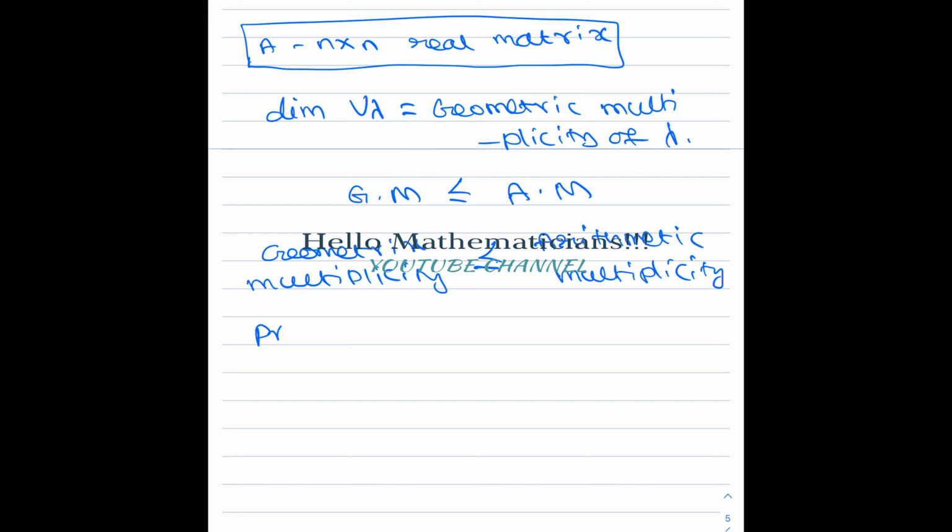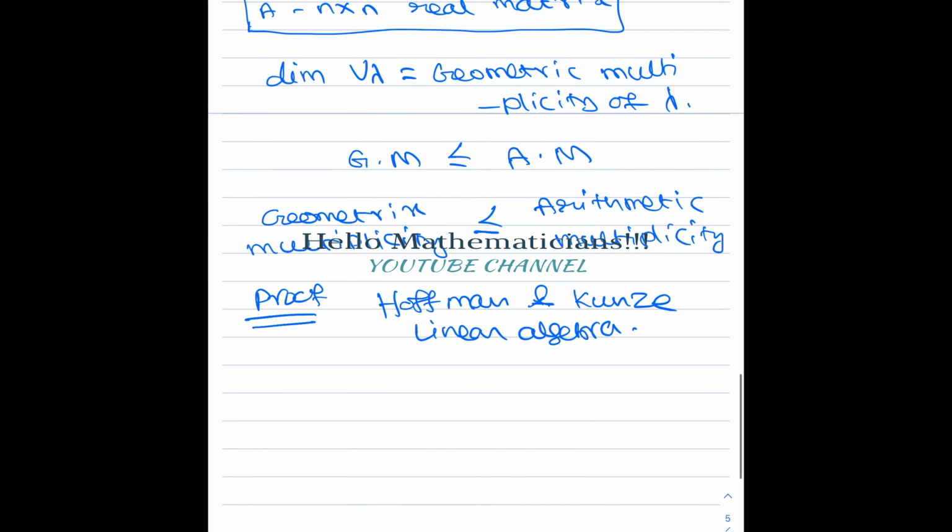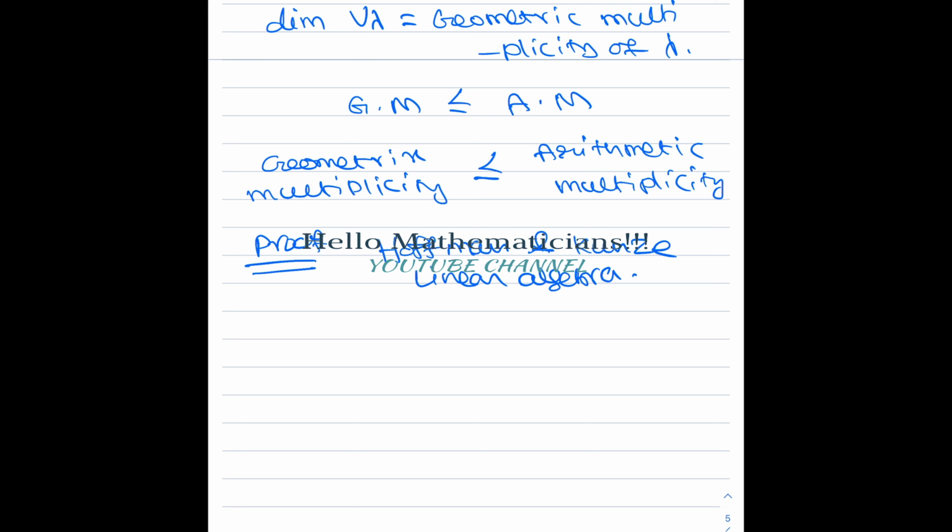The proof of this fact is in linear algebra. You can check Hoffman and Kunze, one of the very nice textbooks for linear algebra. It is a very standard result. I could prove it, but the video length would increase, and it is a well known result, so I just refer to the book.